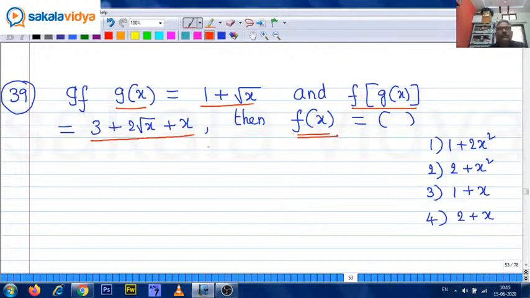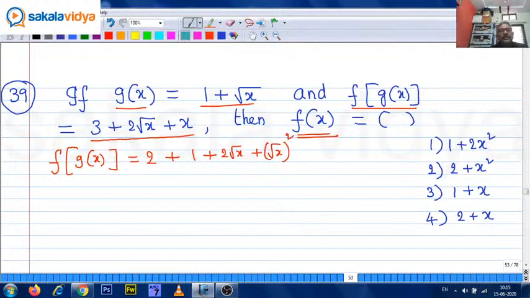So now this f circle g of x I will write like this, f of g of x. For our convenience I will write this as 2 plus 1 plus 2 root x plus x, where I will write x as root x whole square.